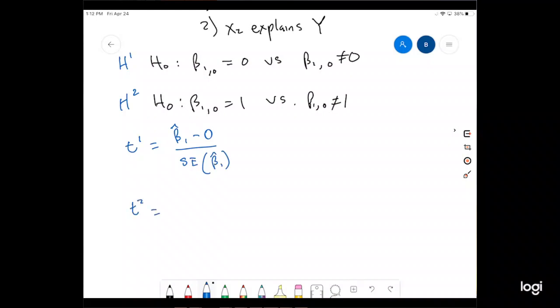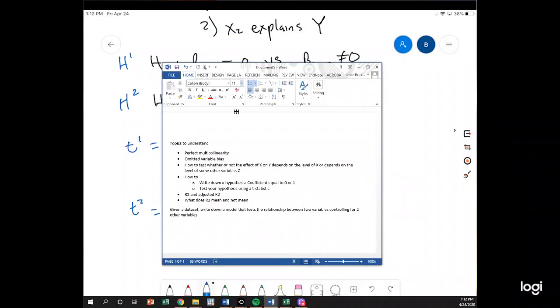T2 is beta hat 1 minus 1, because our null hypothesis is 1, over the standard error of beta hat 1. So we could write down a t-stat to test both hypotheses, the hypothesis that beta 1 is equal to 0 versus 1. So just make sure you know how to do that. And also know of course your rejection rule for your t-statistics.